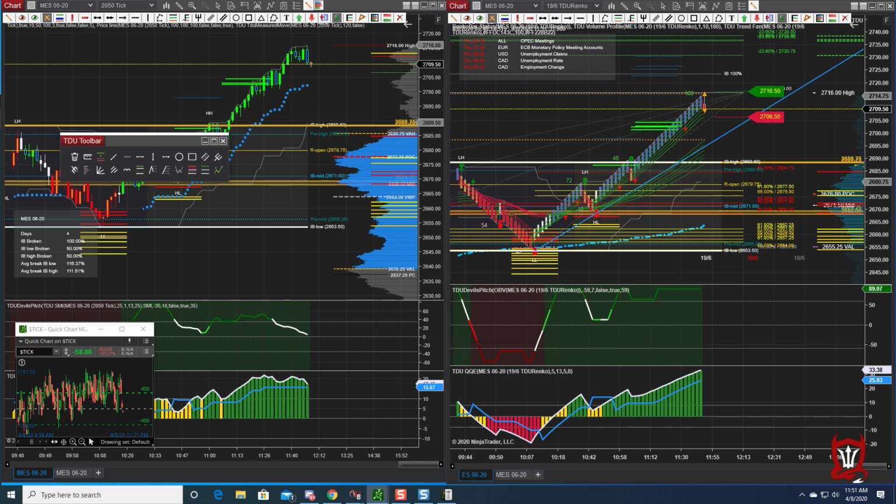There's nothing else we can really jump in here today. Do this over here on Thinkorswim. The median line from swing high to swing low. Let's take a look.